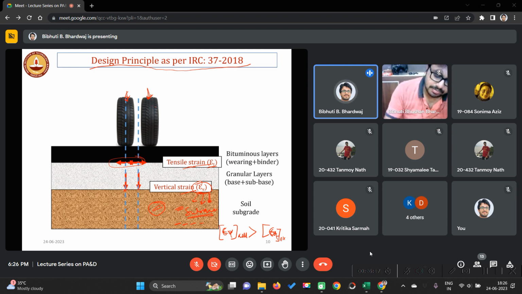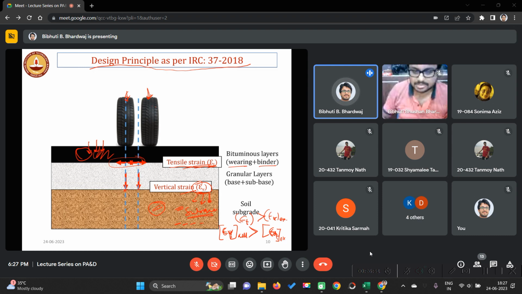And in case of tensile strain epsilon t, the maximum allowable tensile strain is entirely dependent upon the properties of the material that you have used here in the wearing course and binder course together. Okay, as I said, this epsilon v allowable should be greater than expected, and again epsilon t allowable should be greater than expected. Then only you can say that the pavement is safe.